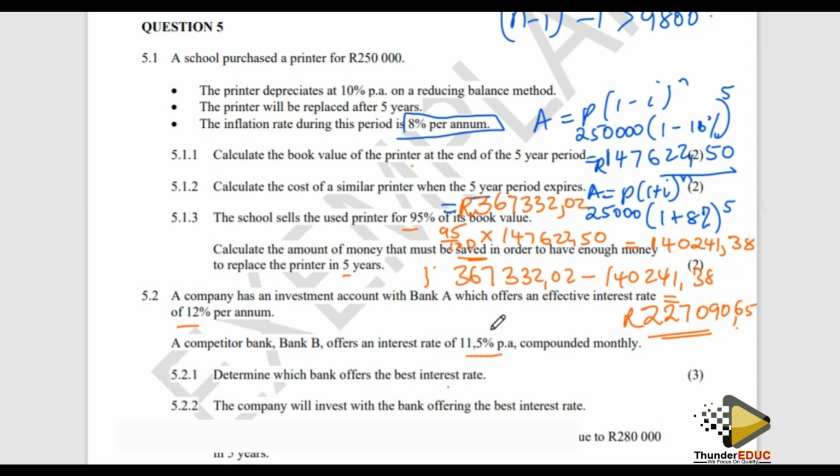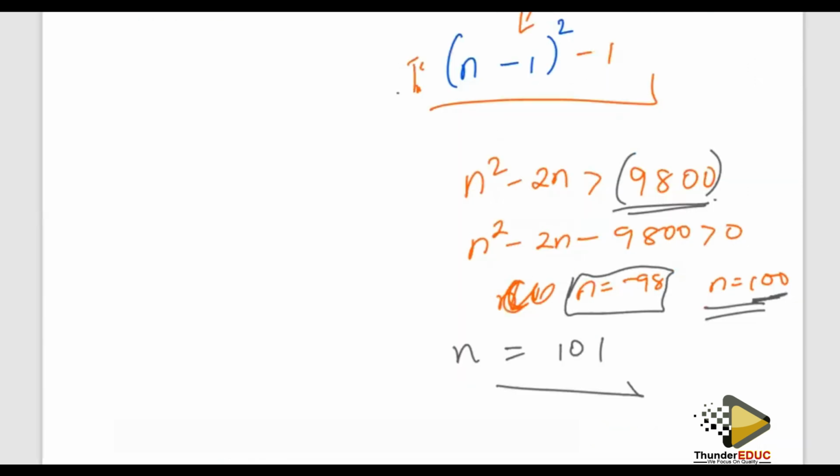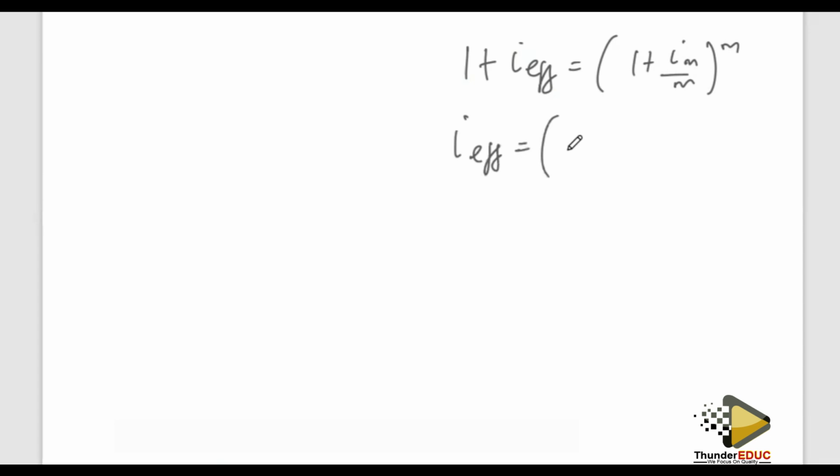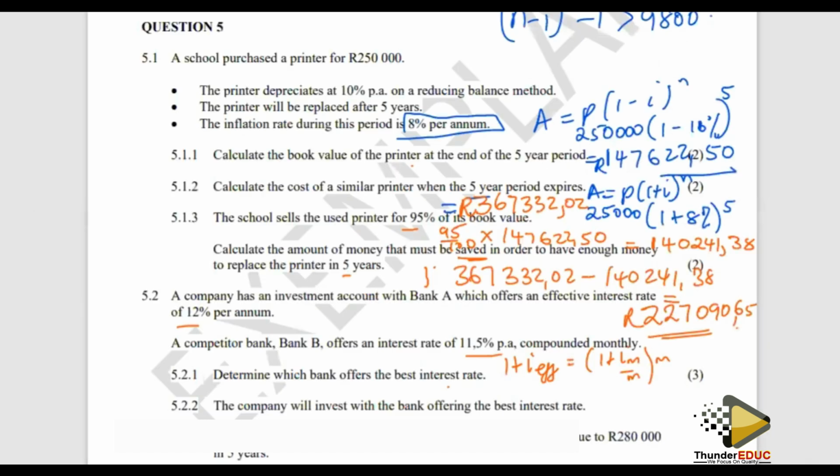Remember, the formula we said would be 1 plus i effective is equal to 1 plus i nominal over m to the exponent of m. Okay, so since this is 11.5, I'll just do it this side and say 1 plus i effective is equal to 1 plus i nominal over m to the exponent of m. So my i effective is going to be 1 plus 11.5%. How are we compounding this? We're compounding it monthly.